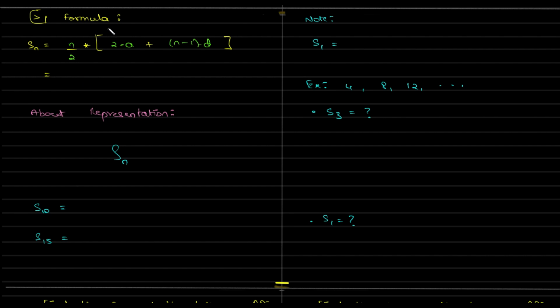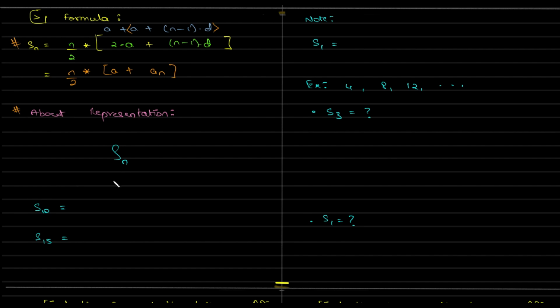If I write 2a as a plus a, the remaining thing is a plus n minus 1 into d. Here, if you observe carefully, this term is nothing but your an term. So it is n by 2 into a plus an. That is, if you know the last term, you get to use this formula. Anyways, we'll be looking into different questions or examples, and you will understand a lot better.